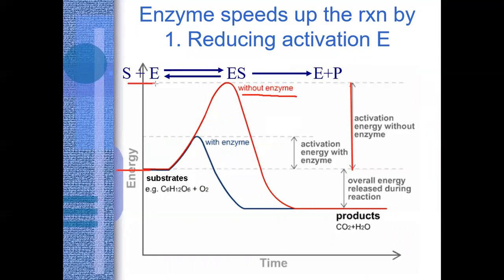The total energy you need to rise from the original energy level for a reaction is called the activation energy. Now with the presence of enzyme, your activation energy is actually reduced already. So it reduces the activation energy needed for the reaction to take place. Okay, can you follow or not?